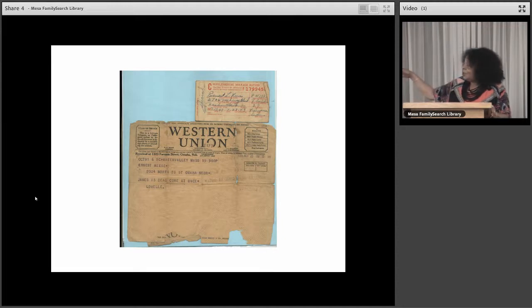So at least I know in 1936, Aunt Lavelle was in Water Valley, Mississippi. Uncle Ernest was in Omaha, Nebraska. This little card up here, that's Uncle Ernest's gas rationing card from the war years. He was driving, if you will notice, a Pierce Arrow.